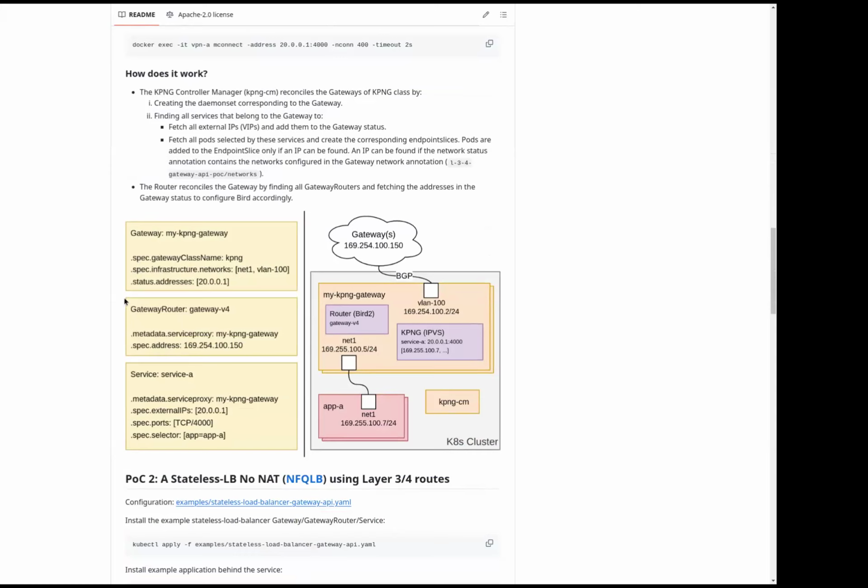Here you have the picture where you have the gateway of Gateway API in orange, and then you have the router, BIRD, running, that is like a MetalLB, and then you have KPNG inside the gateway also that is load balancing traffic, and everything is on top of secondary networks. Gotcha.